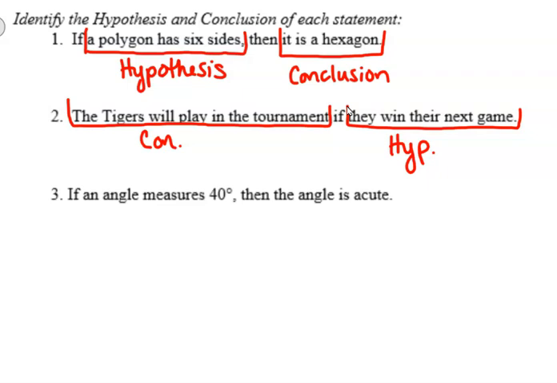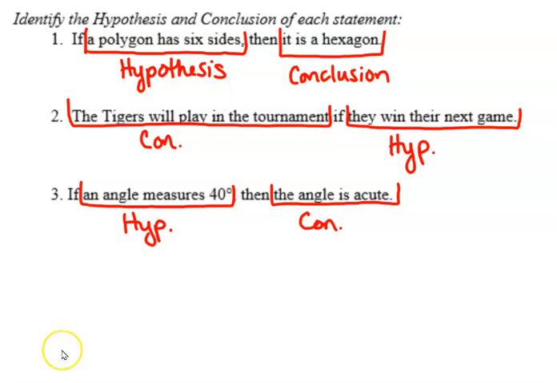Take a moment and do number 3. If an angle measures 40 degrees, hypothesis, then the angle is acute. That's my conclusion. So again, we're looking for those keywords if and then, but they're not included in the hypothesis or conclusion.